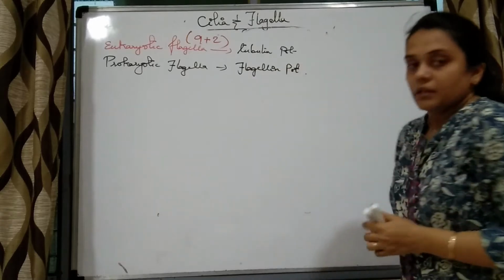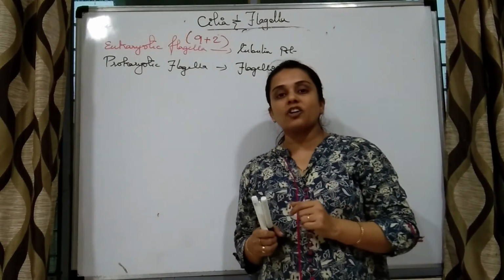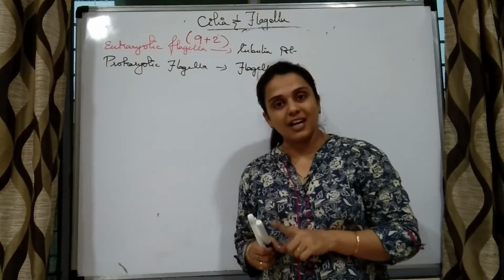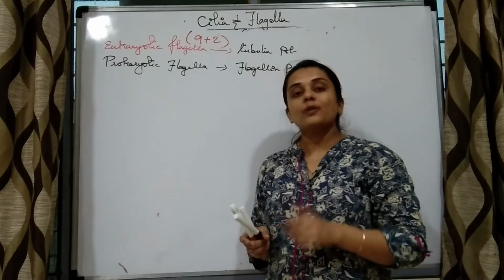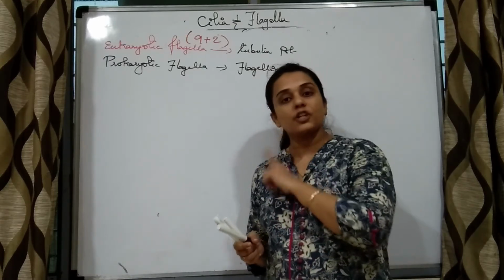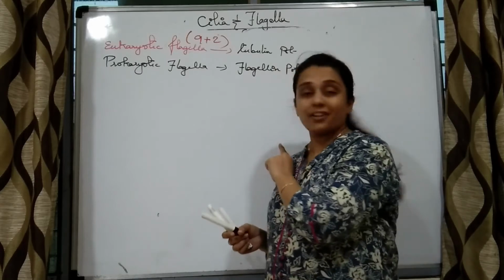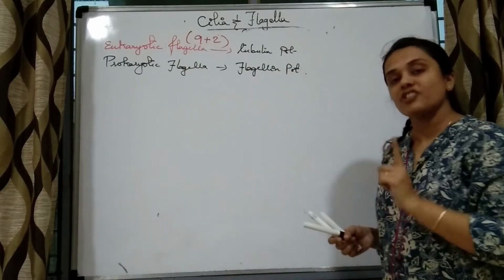So eukaryotic flagella is made up of tubulin protein, prokaryotic flagella is made up of flagellin protein.